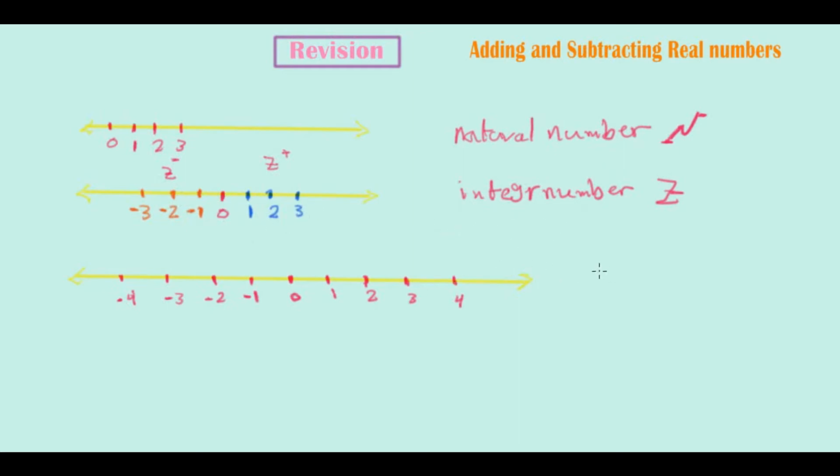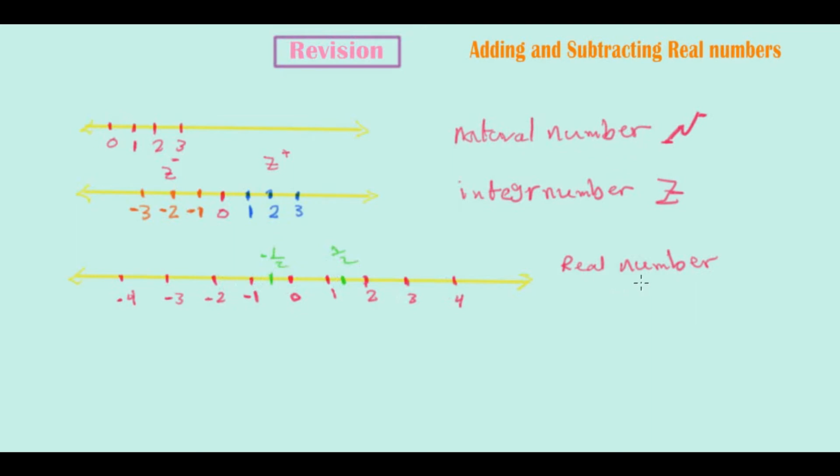After that we studied the set of real numbers, and we said this set contains all numbers, because between 0 and 1, and between any two numbers, we have some little numbers like fractions. We have here half, and on another side we have negative half, and so on. So we have decimals and fractions in our number line also.